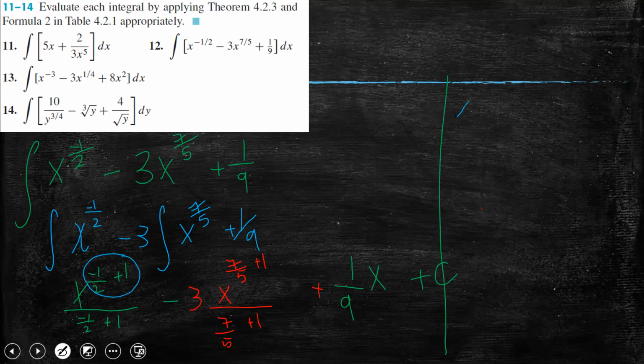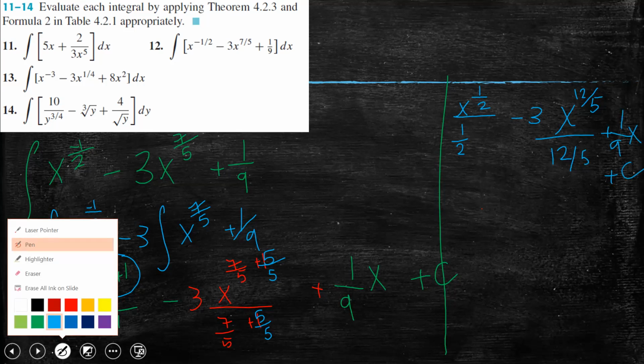It's x to the power half over half, minus 3. Now look at here. Here we have x to the power 5 plus 1. We can write it as 5 over 5. So it is x to the power 12 over 5, over 12 over 5, plus 1 over 9x plus c.